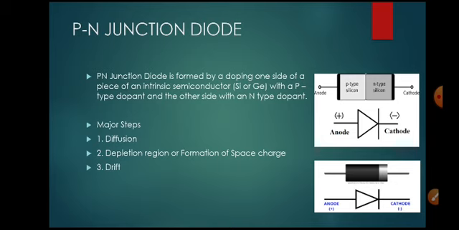Here when you add trivalent and pentavalent, some layer develops in between these two sides, in the middle of the dopants, so it is called a PN junction diode.